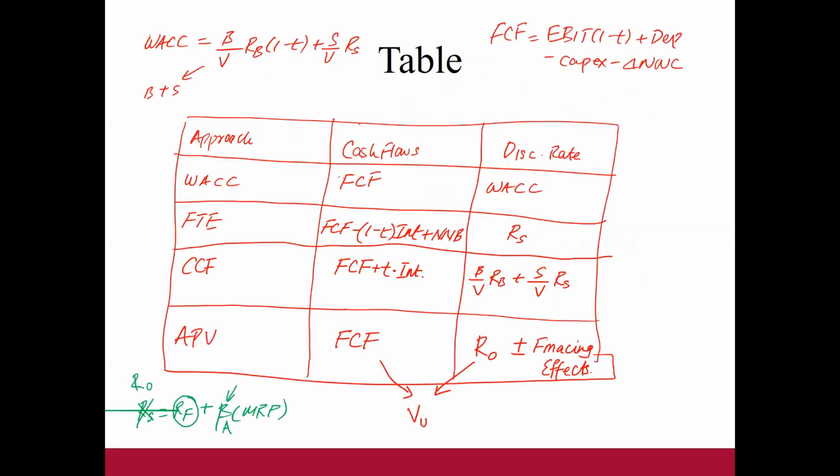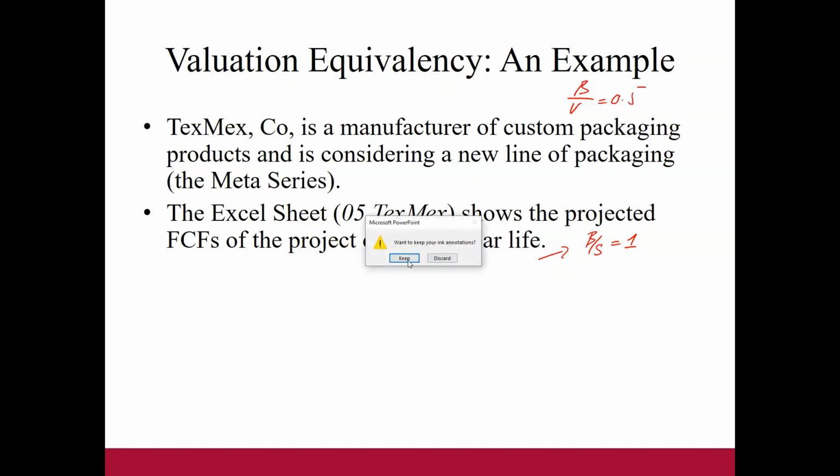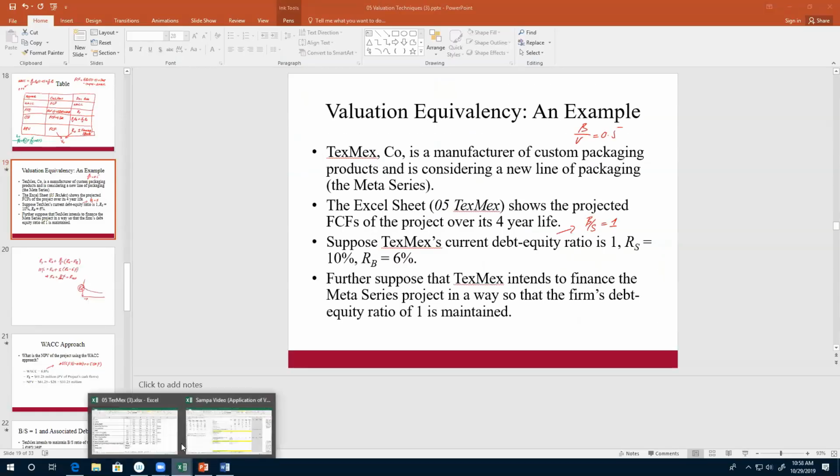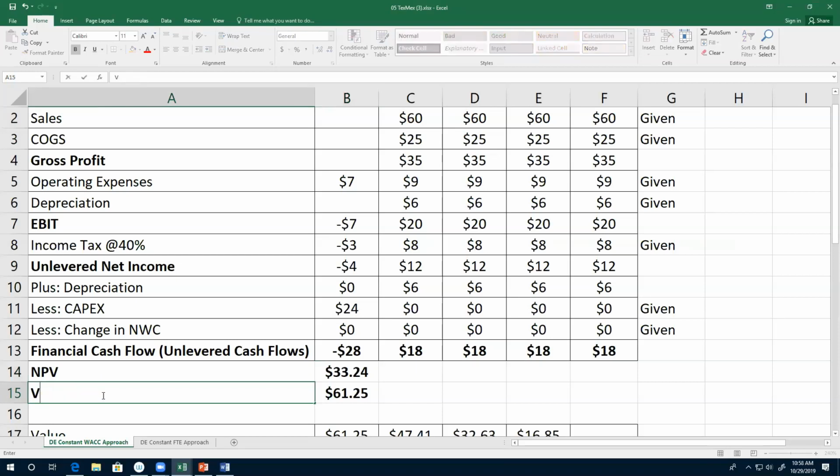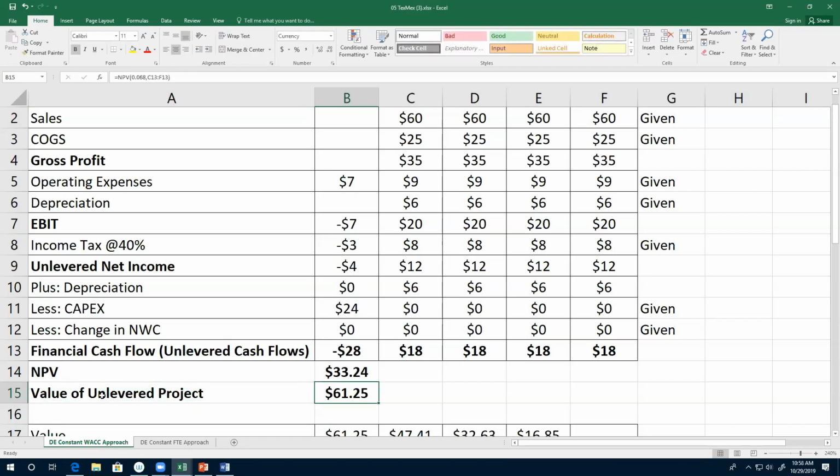Okay, so if you were actually doing this in Excel, you would say the value of the unlevered project. So I'm going to get rid of this. And by the way, don't worry, I have all the stuff laid out below this as well, but I'm just trying to show you.